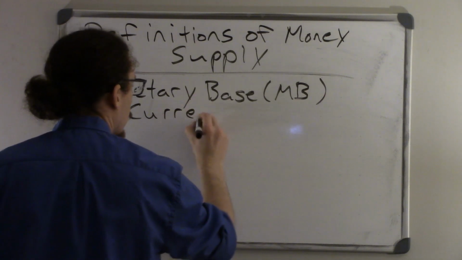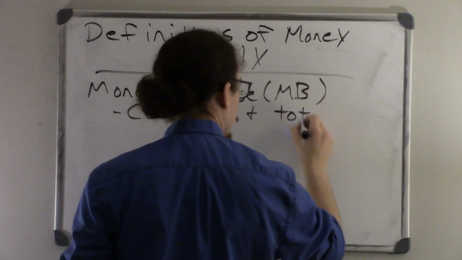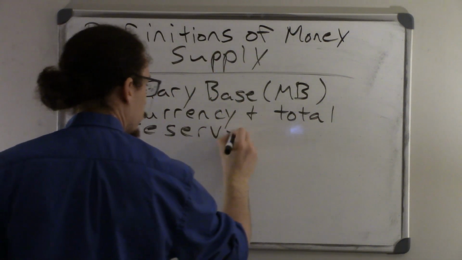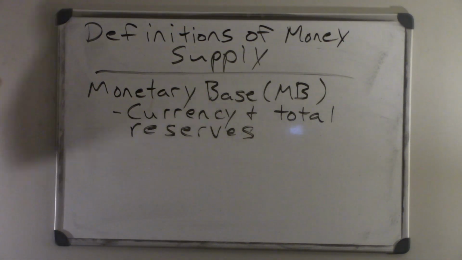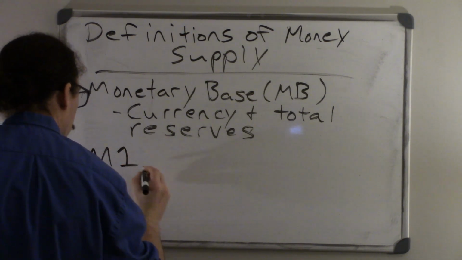The monetary base is currency and total reserves. So the monetary base, that's currency, so that's our paper money, and total reserves held by the Fed, so those electronic claims. All right, that is the monetary base.